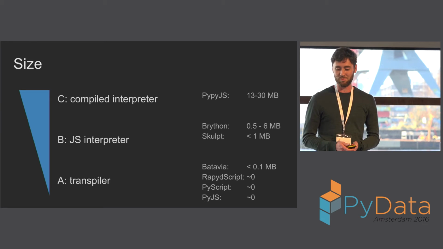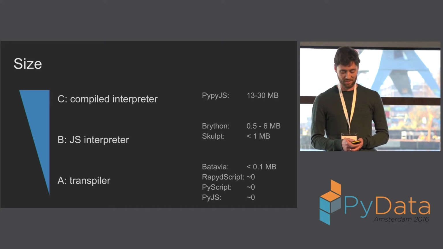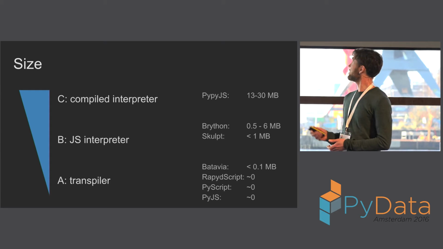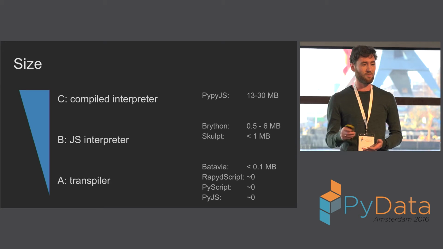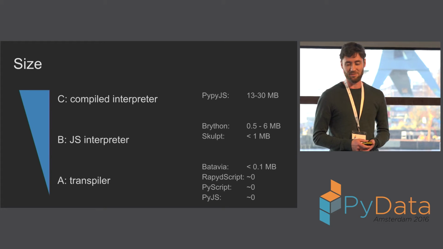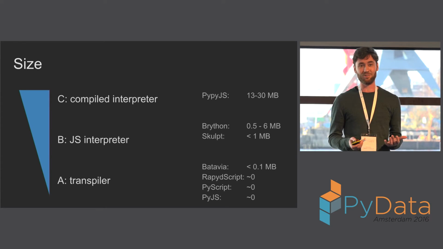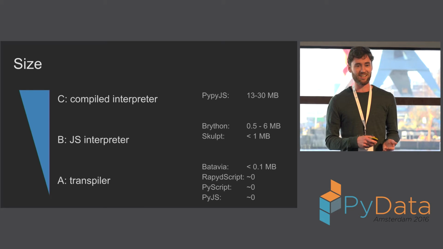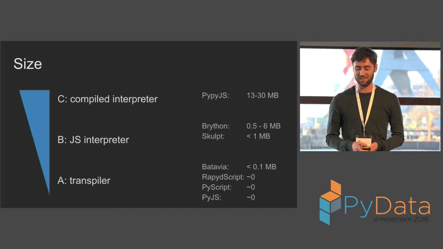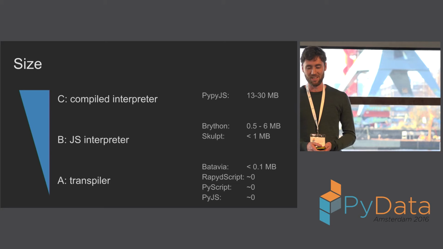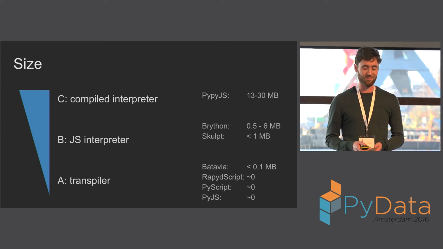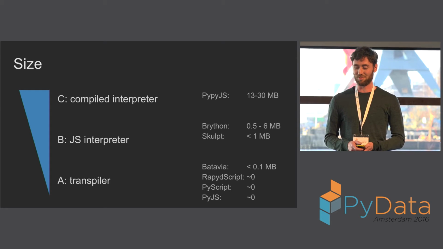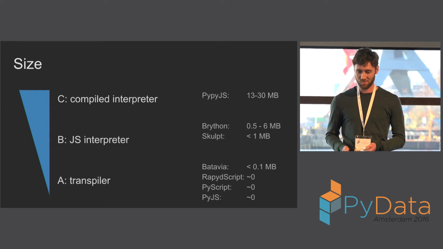And in JavaScript interpreters, like category B, it's about 1 megabyte to a couple of megabytes that you have to load as a library, which, depending on the situation, you might consider a heavy solution or a light solution. So it depends on what you want to do with it. And the compiled interpreters are heavier, and again, this might be acceptable, it might not.